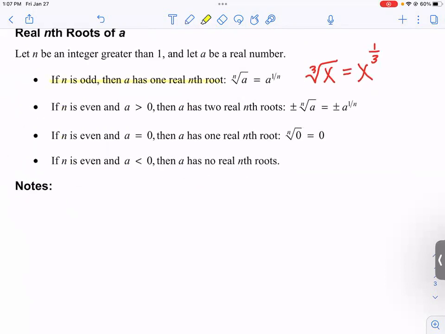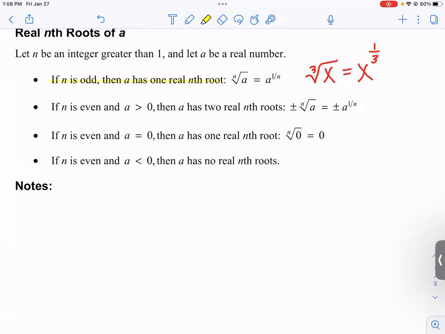Now, cool thing. What is 2 squared? 4. What is -2 squared? What's -2 times -2? What is -2 times -2? Oh, 4. Okay. So you're saying that 2 squared is 4, and you're saying that -2 squared is 4.